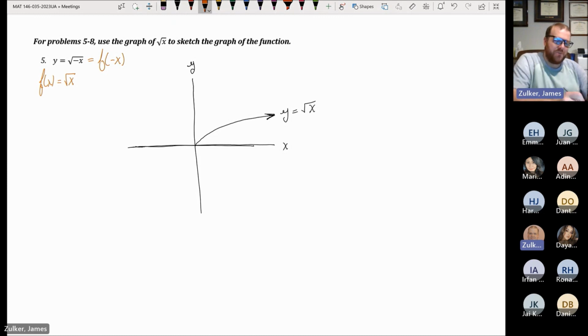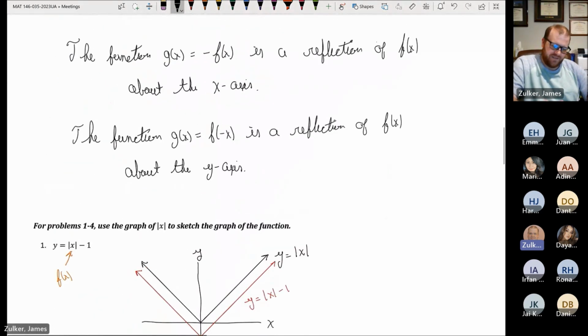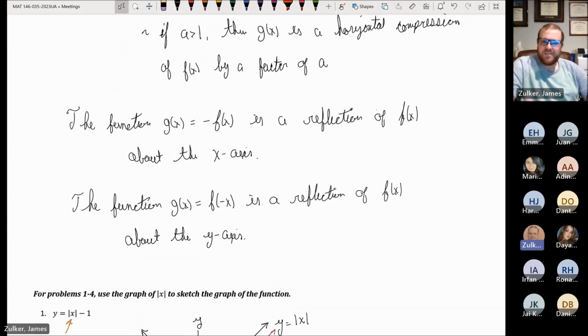Right? So notice what we're doing. We're multiplying the input by -1. Isn't that a reflection? Right, it's a reflection about the y-axis.